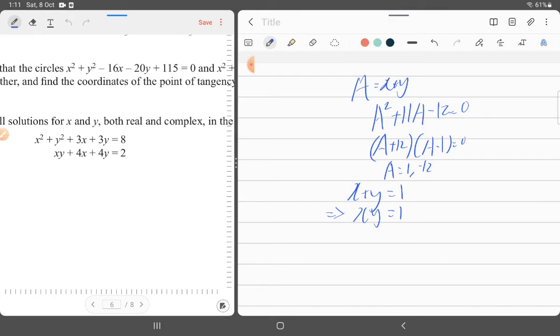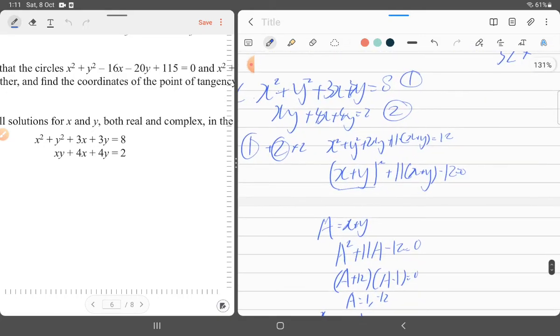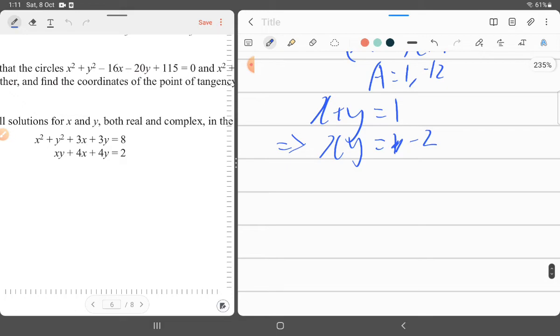Because x plus y is... oh no, that creates xy equals negative 2. Then do I have to substitute it?